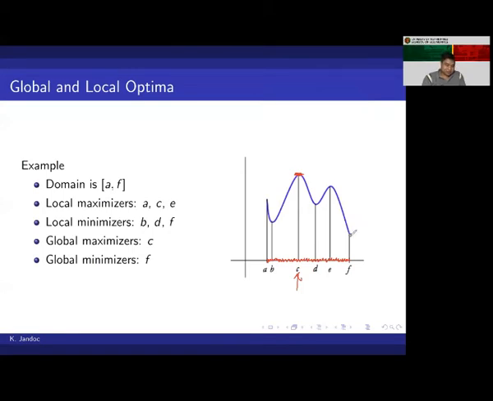Here, it's clearly point F, because any other value in this domain will be strictly higher than at point F. So it's a global minimizer, and it is a strict global minimizer, because if you take any other point, it will yield a higher value of the function than at point F. So this is how to illustrate the concepts of local and global maximizers or minimizers.